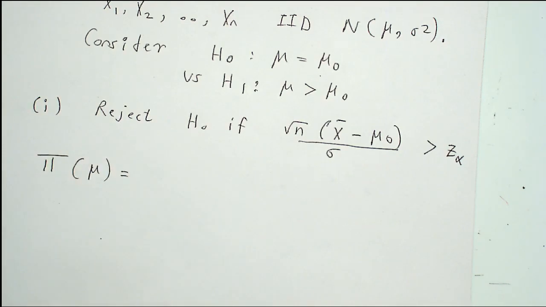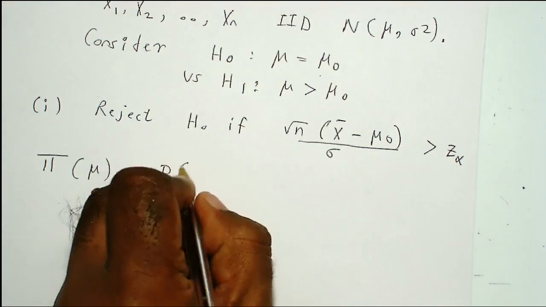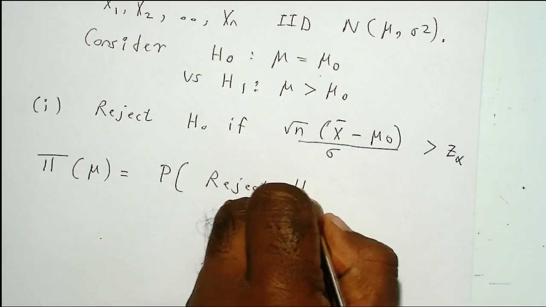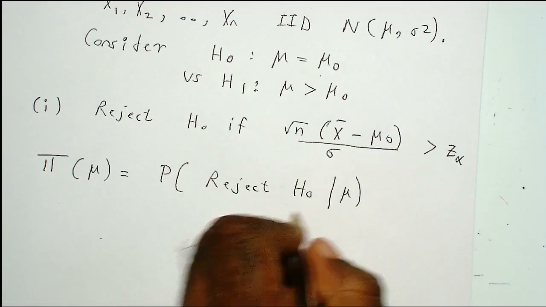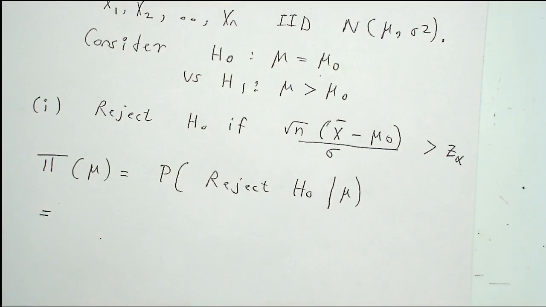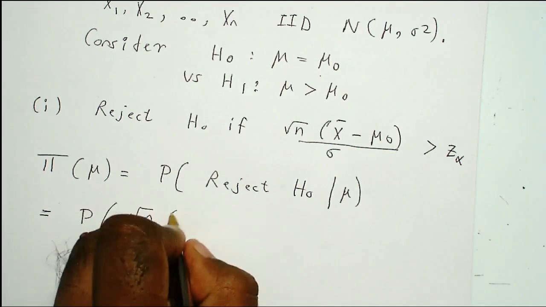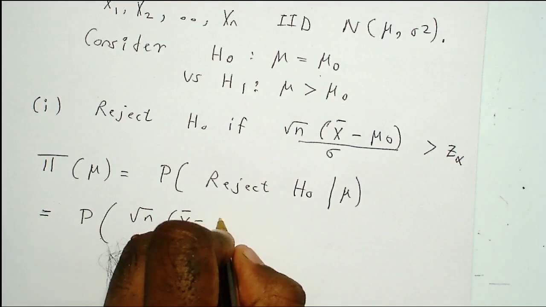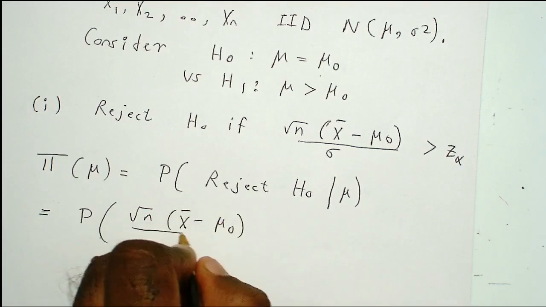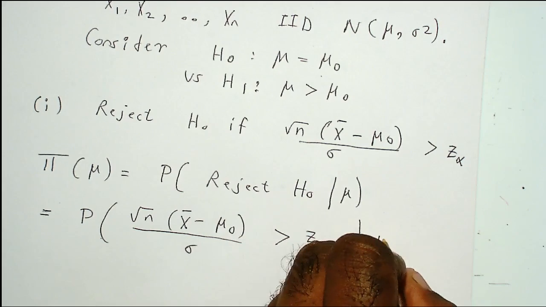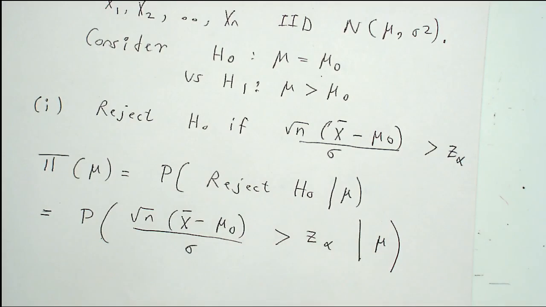Now remember, the power function is defined as what? I said that a minute ago, guys. You reject H0 given the value for mu. So it's the probability that root of n. Okay.